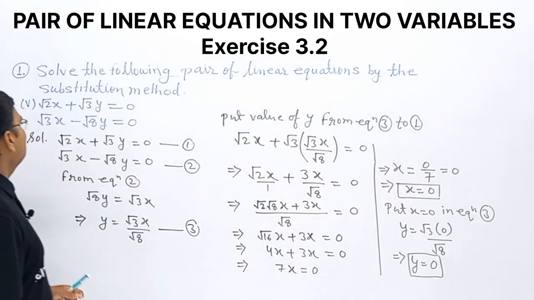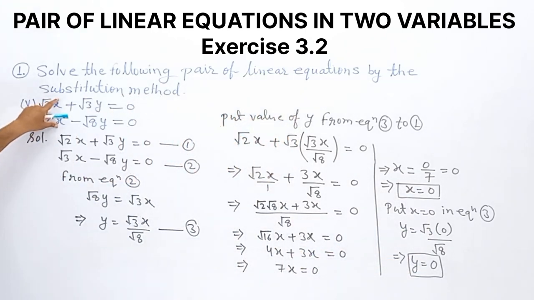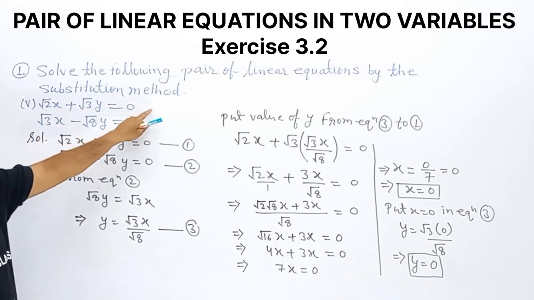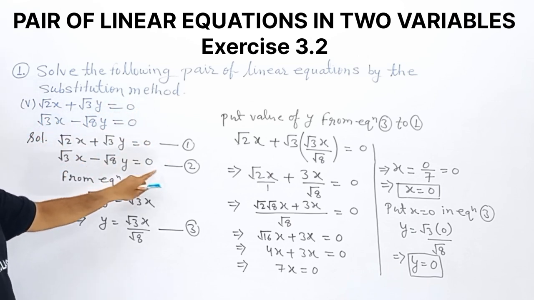Observe what we did. We have two linear equations in two variables, and we want to find the solution by the substitution method. First we took these as equation 1 and equation 2.